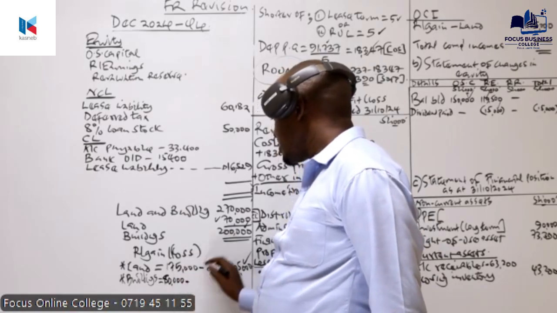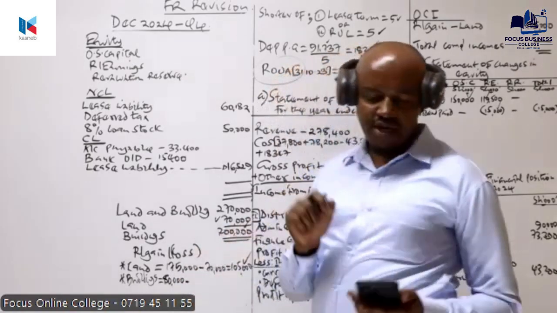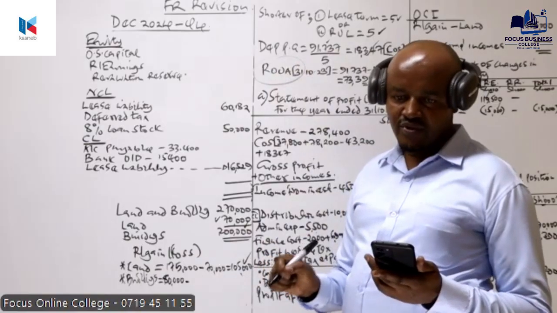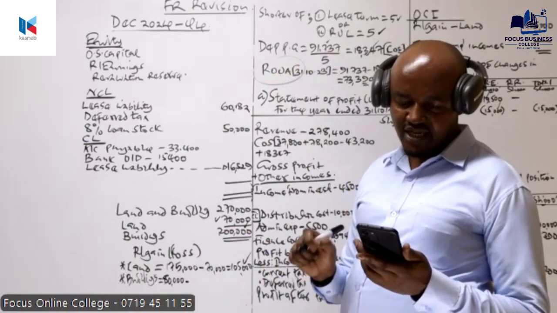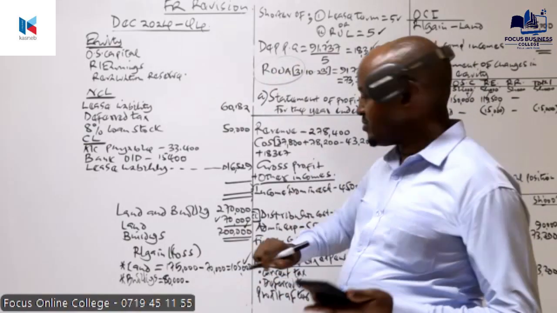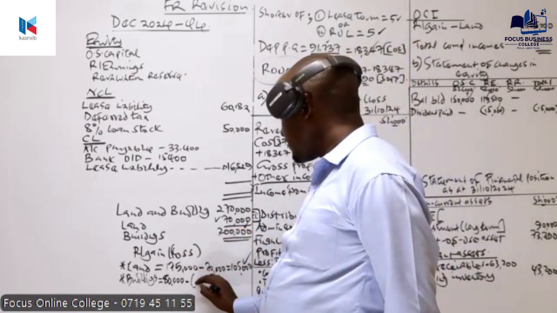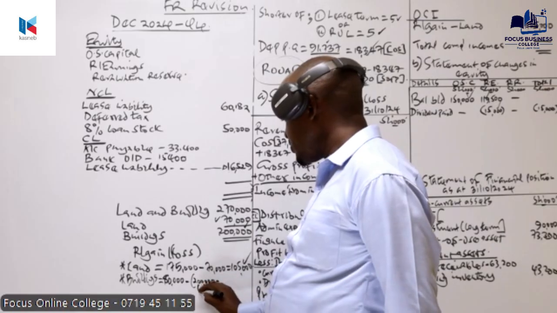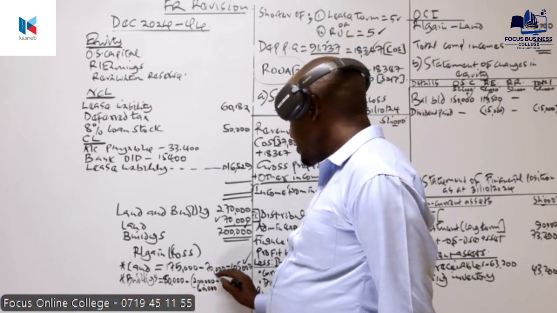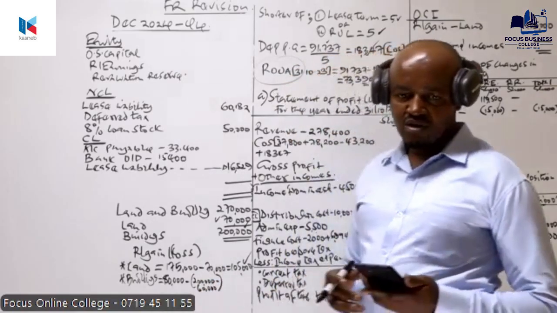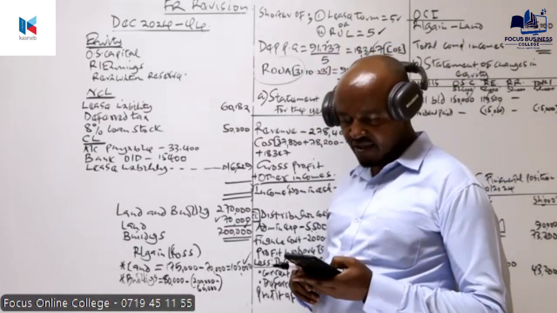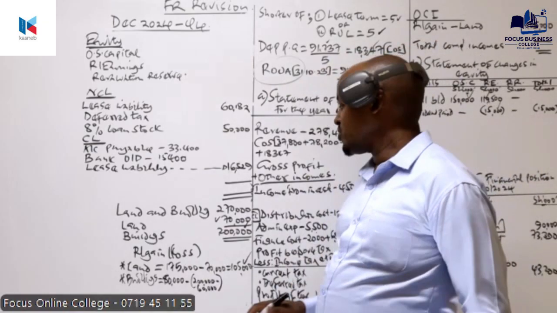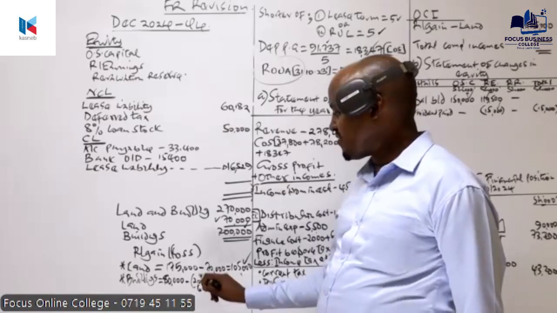We compare that not with the cost, but with the net book value. So what is the net book value of the building? It will be cost minus accumulated depreciation, which we have in the trial balance. Can you see the accumulated depreciation for buildings? Is it 60? Yes. So therefore, the net book value for buildings is 140.